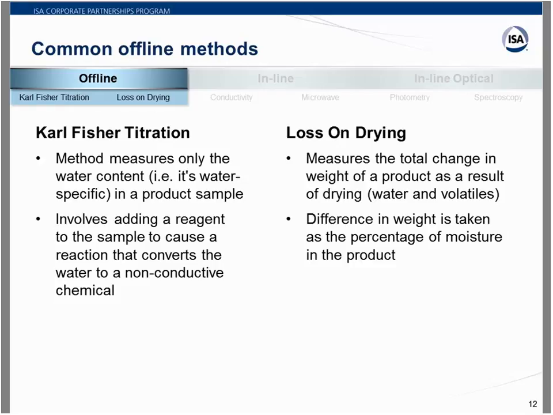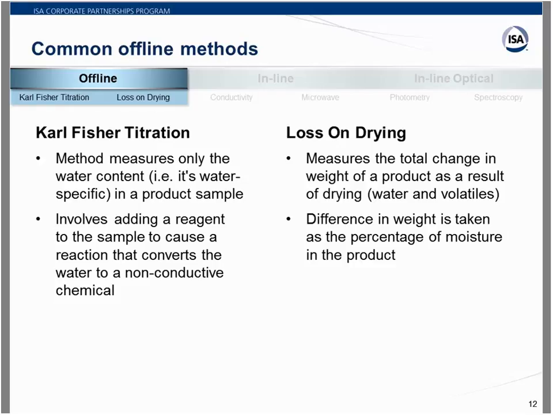Then you subtract that long drift, if it's acceptable, from your value that you do in a timely fashion. Loss on drying, again, total change of weight is water plus volatiles. You need to know what your volatiles are, what the temperature is at which they will go off from the product, and the matrix of the product has to be continuously the same in water and volatiles, or else your values will not be representative of water in your product.